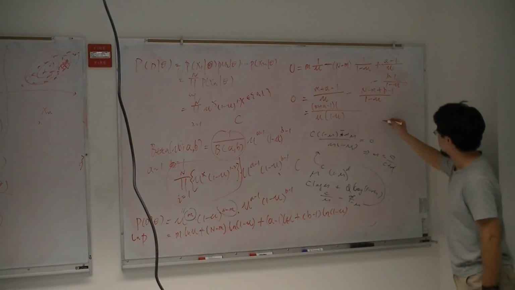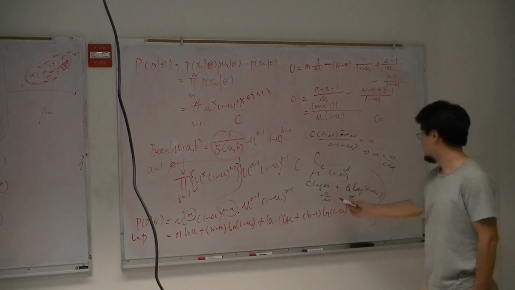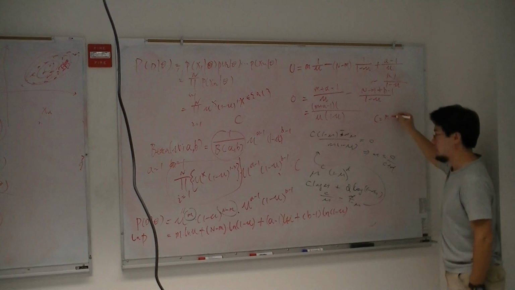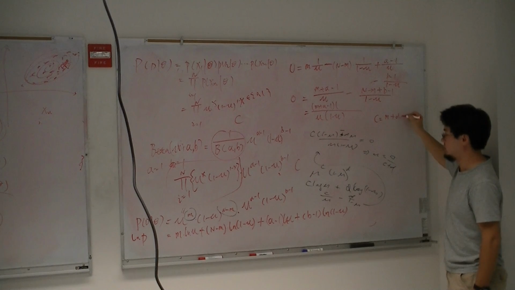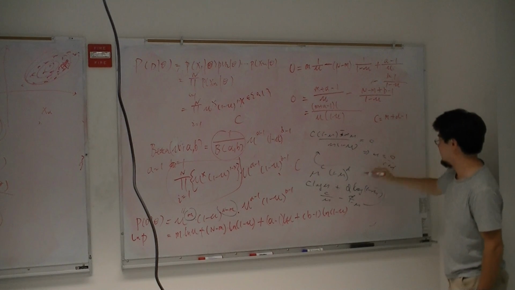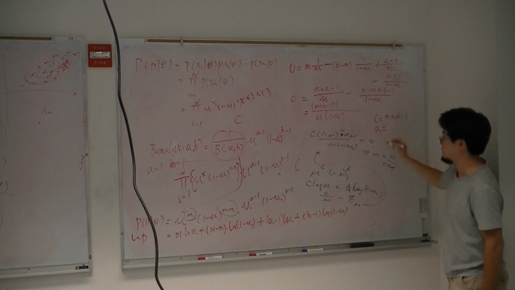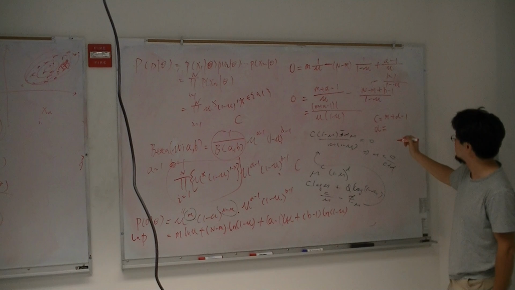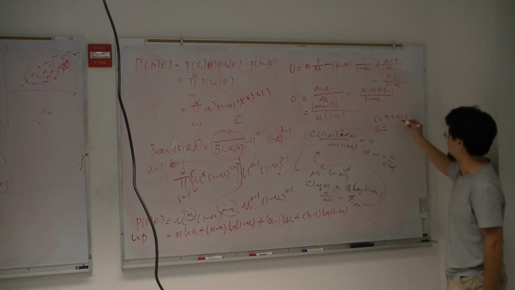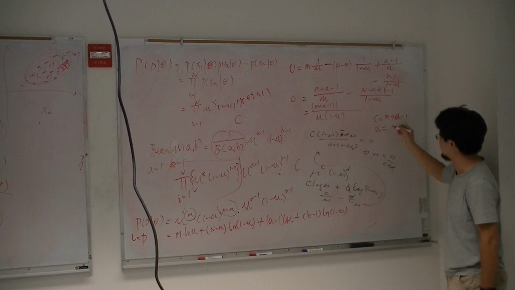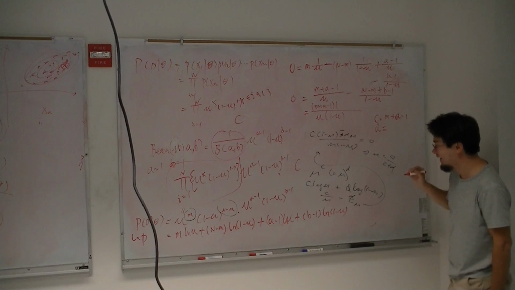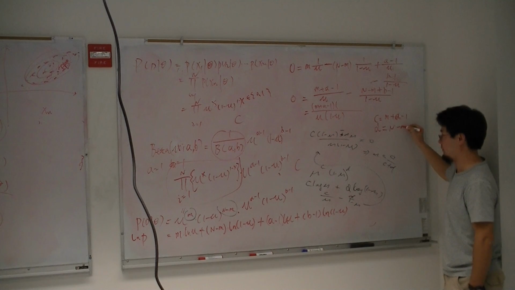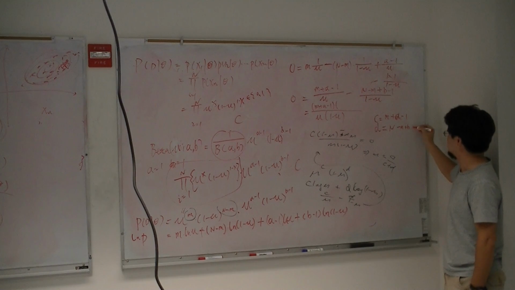And here C is equal to m plus a minus 1, and D is equal to n minus m plus b minus 1. Can't even read my writing.